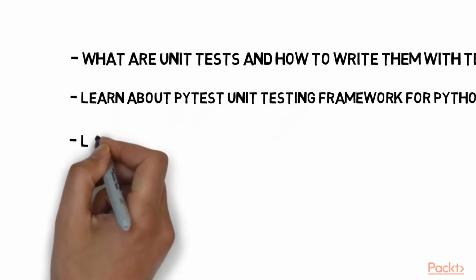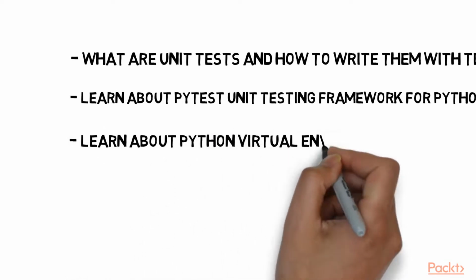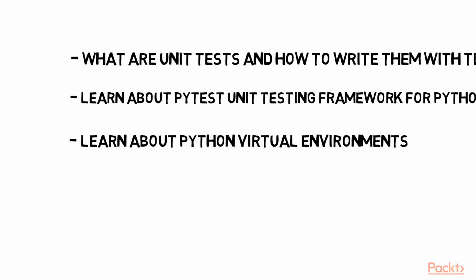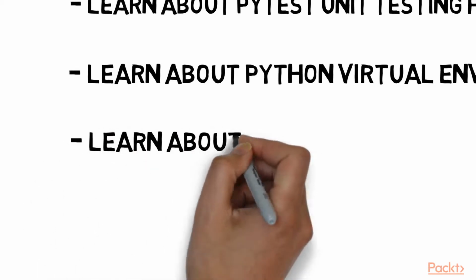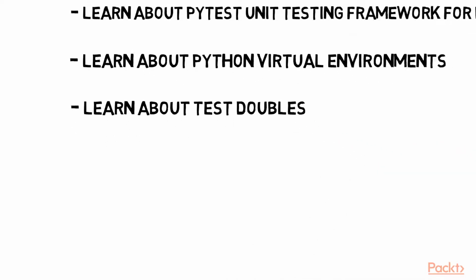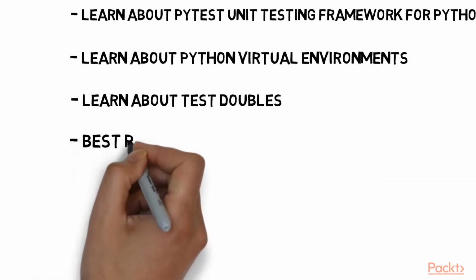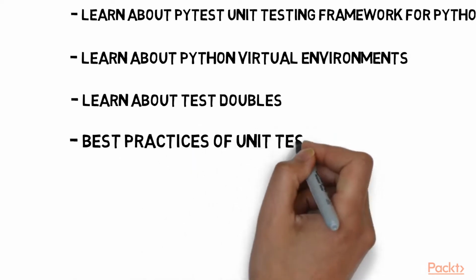We'll learn about Python virtual environments and how to set up some common IDEs like Eclipse and PyCharm for running unit tests. We'll learn what test doubles are and how they help you test your code in isolation. And then lastly, we'll learn about some of the best practices of unit testing in TDD, which can help maximize the benefits you get from implementing those practices.